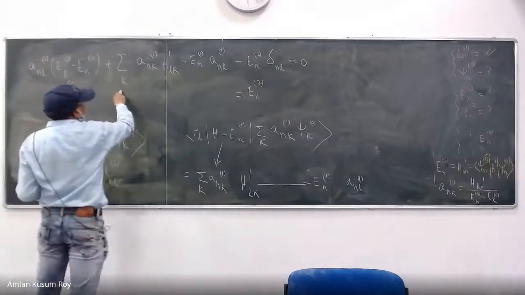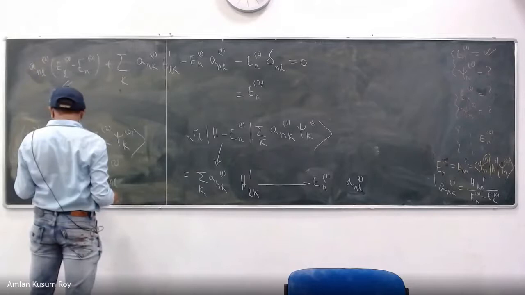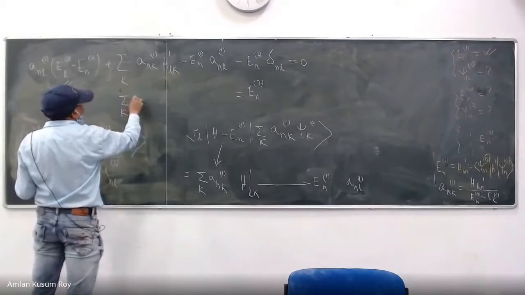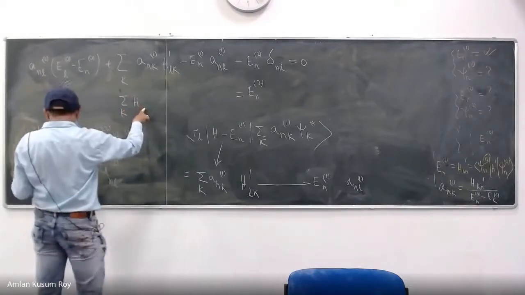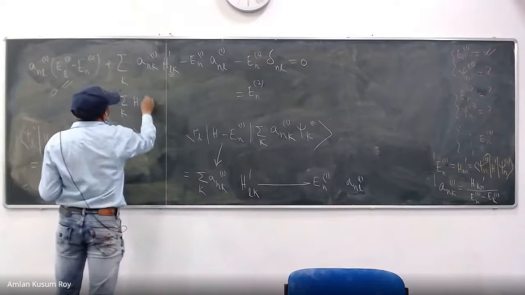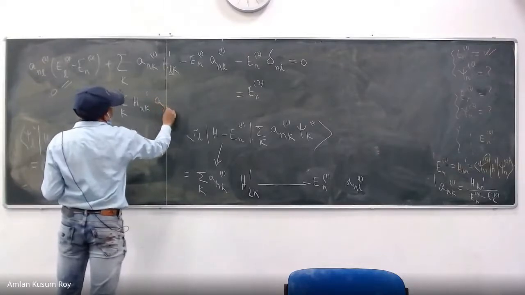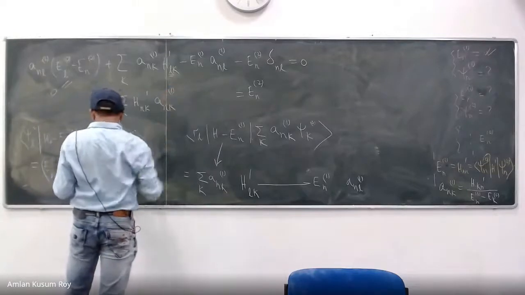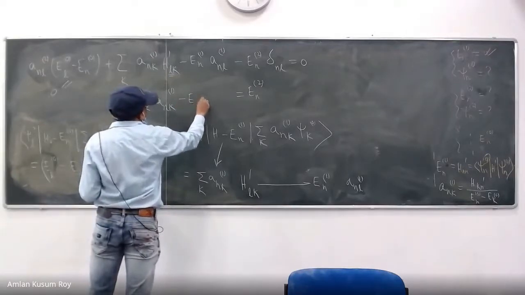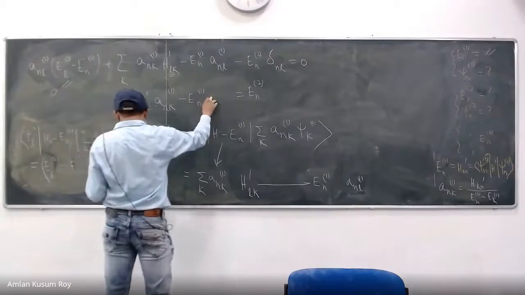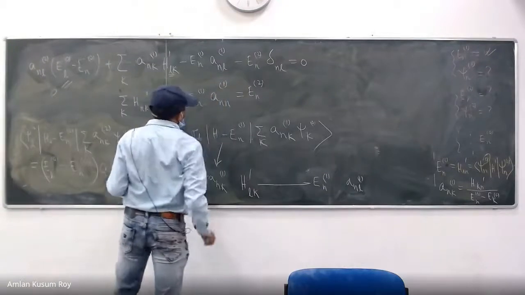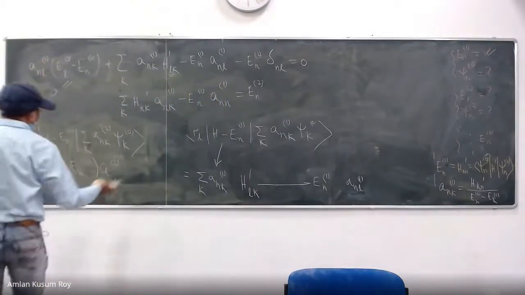N is equal to L. So I write summation K H'_NK A_NK^1 minus E_N^1, and this becomes your A_NN^1. We have just put L equal to N.